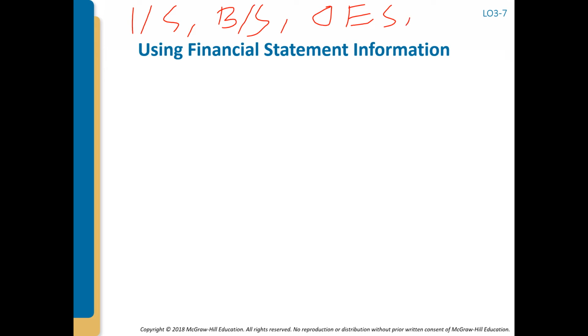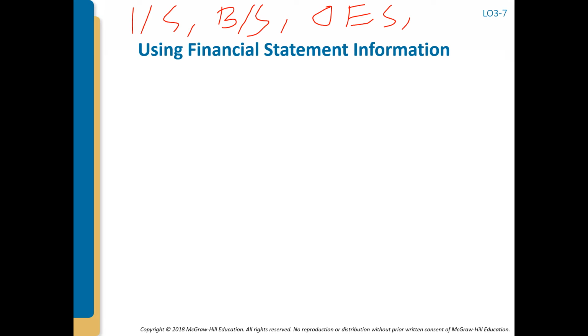All of these statements are usually published through national newspapers, and they have to submit those financial statements, meaning the annual report or quarterly report, through the SEC, Securities and Exchange Commission, EDGAR, so that the investors and other users can use that information to make their decisions.